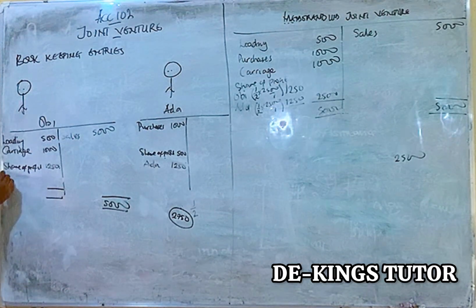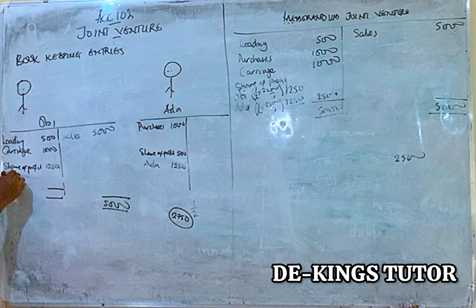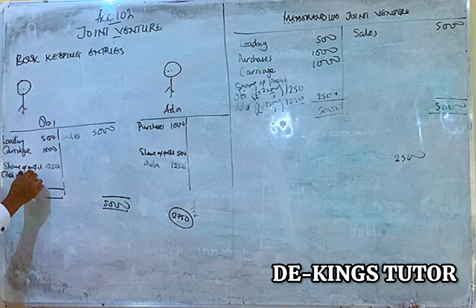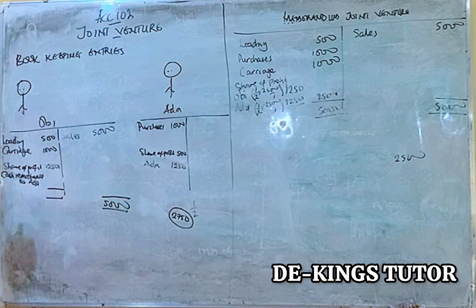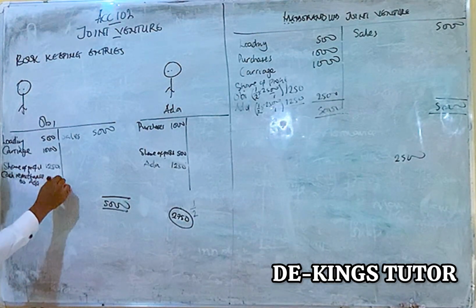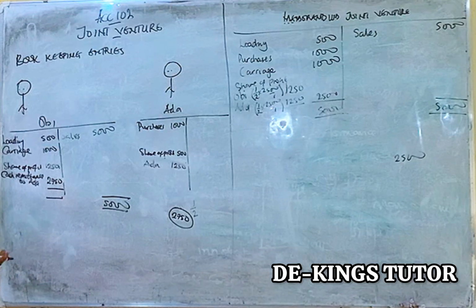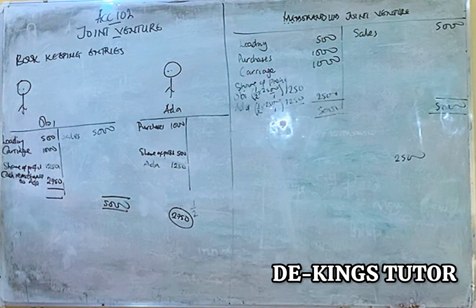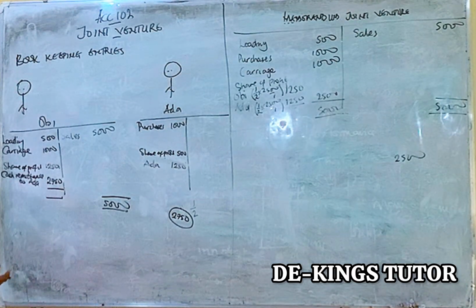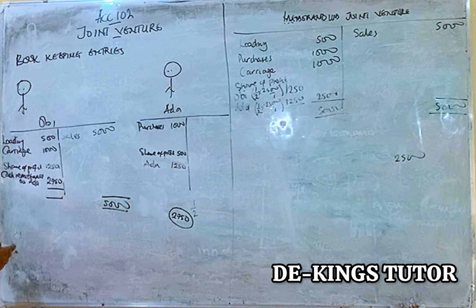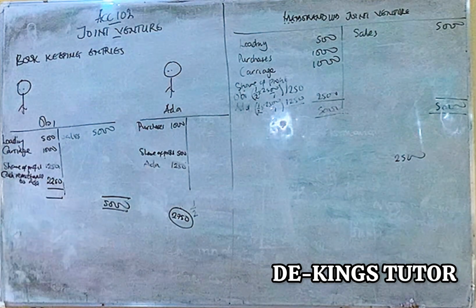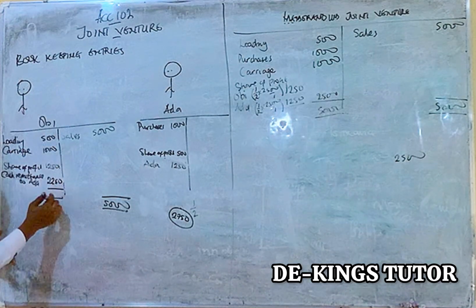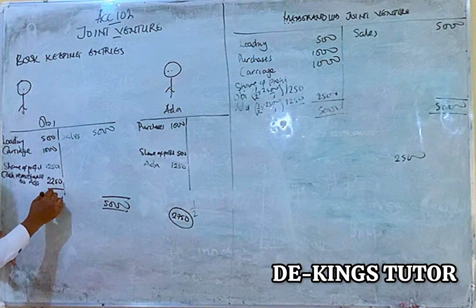Okay. Now look up. We call it cash remittance to Ada. It's 2,250, not 350. So that when we add this together, this becomes 5,000.